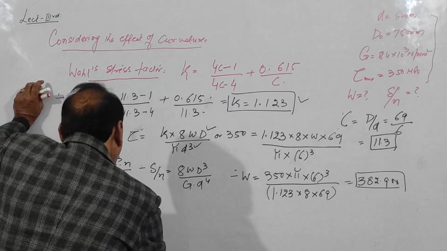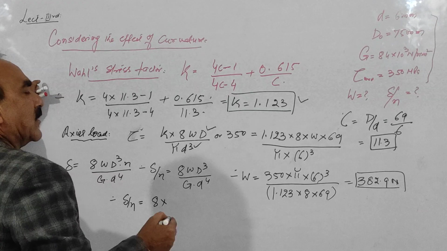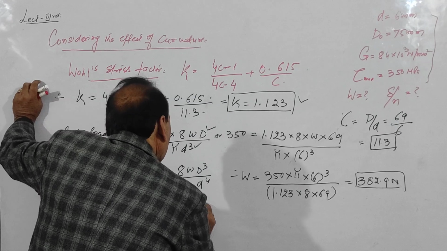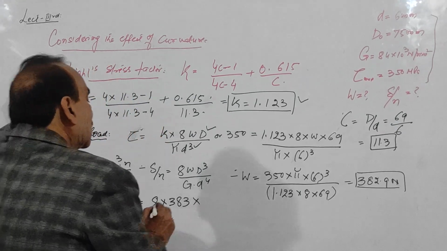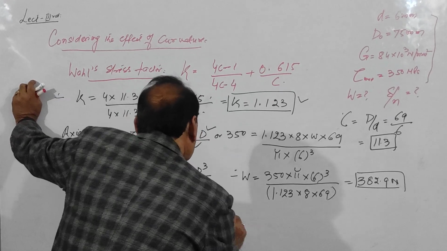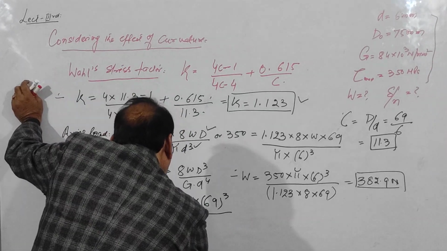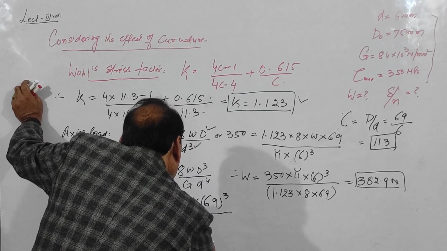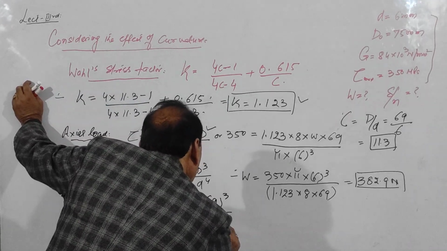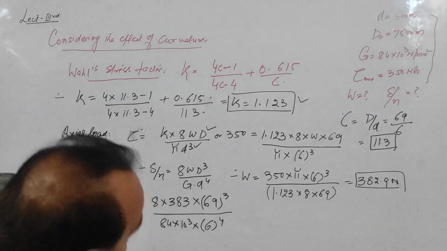Therefore delta by n is equal to 8 into 382.9. You can take 383 also. 383 into D, which is 69 whole cube, and the value of G is given to you, 84 into 10 raised to power 3, and the value of d 4 is 6 raised to power 4. Now calculate this and find out the answer.